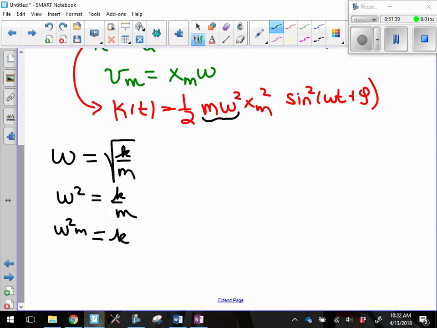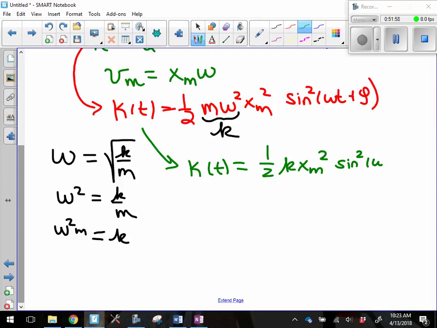So what's this equal to? Okay. So I can write my kinetic energy as 1/2 k x_m squared sine squared(omega t plus phi).